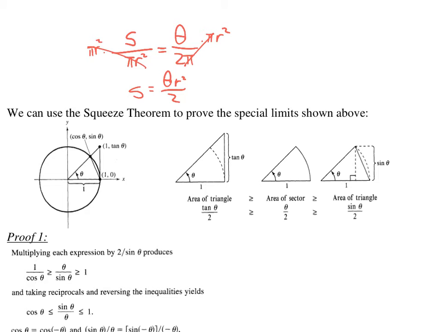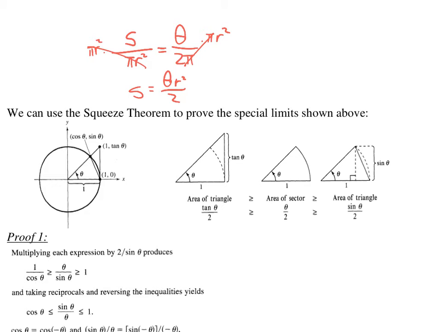Okay? So that's the first step here. But what we're going to do is we're going to use areas. Since we have the area of a sector, we're also going to use 2 other triangles.